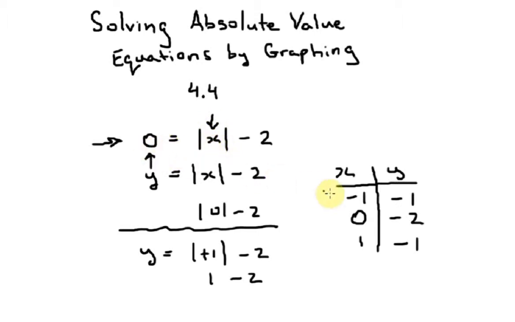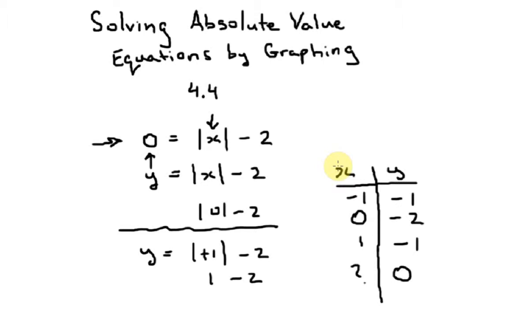In other words, what I'm looking for over here in my table is when the y value is 0, what are the x's? And if I can do that from a graph, then I have solved this absolute value equation. Okay, so that is the goal that we have here.